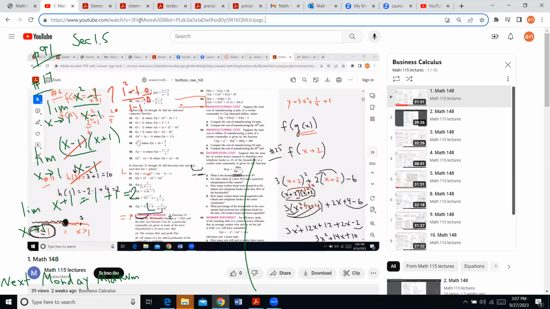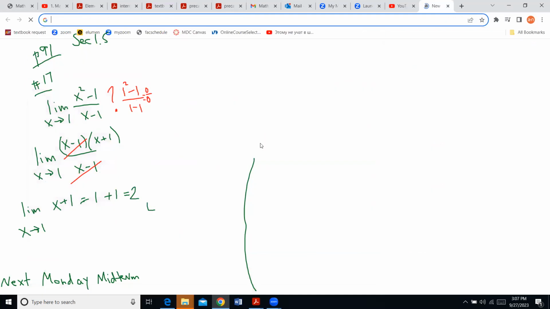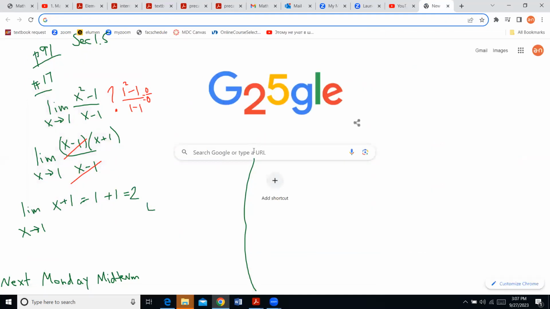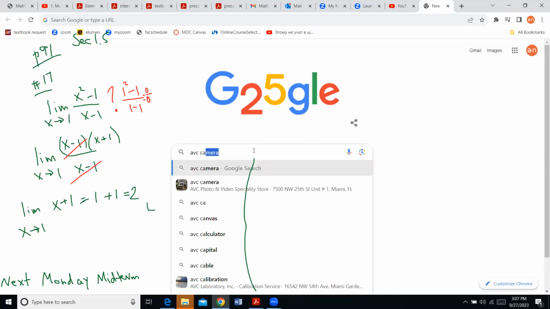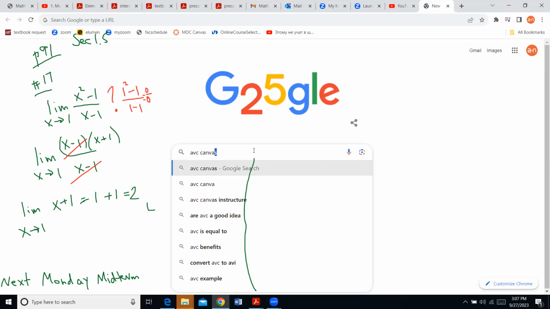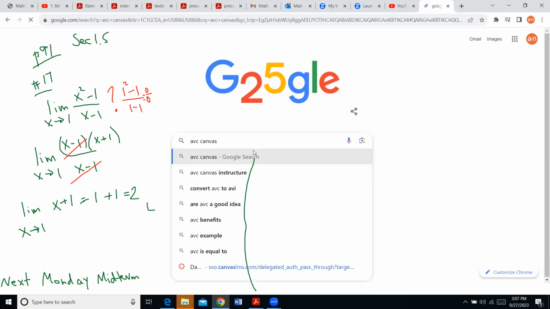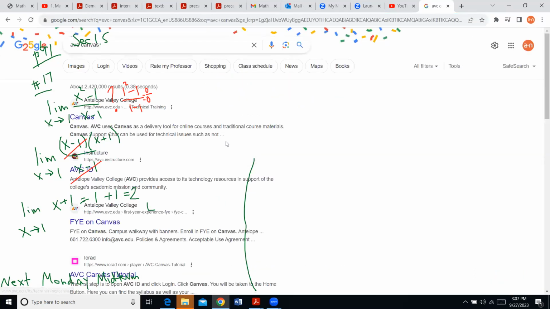So I think I can share this link with you. I'm not sure if it's going to be working for some reason. So what you can do is go on Canvas. Let me try to get AVC Canvas. Because they recently changed our system a little bit.